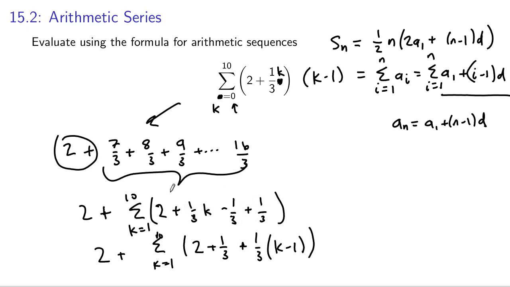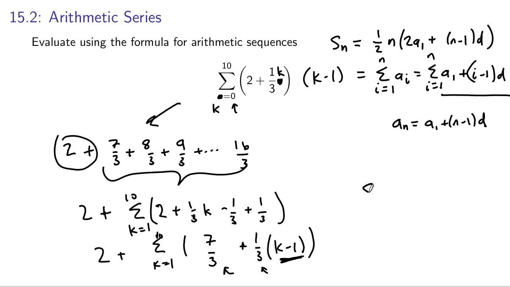So this plus 1/3 I moved over to add to 2. And then these two terms I group, and I take the 1/3 out. I'm left with k minus 1. And 2 plus 1/3 is 7/3. So now this is what I want it to look like. Now I can easily identify an a sub 1. This matches, and a d. Okay? So now I can find this sum using the formula.